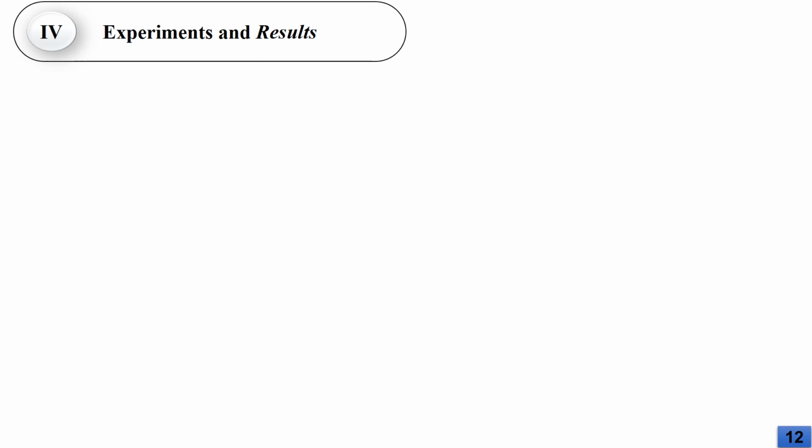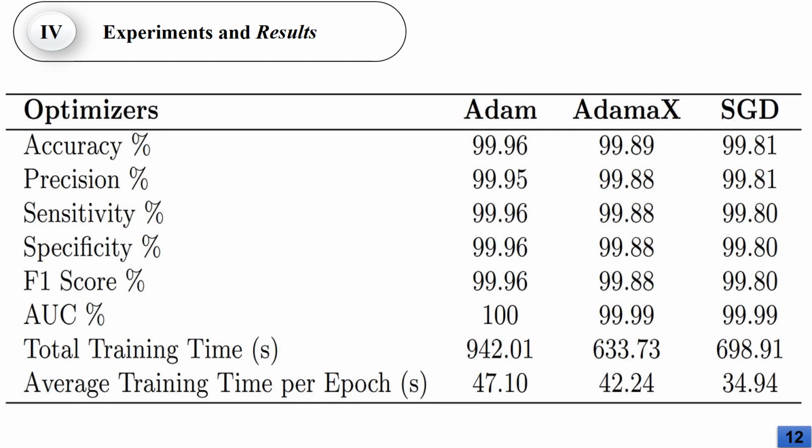Experiments and results. In this table we present all results obtained with 3 different optimizers, AdamX, Adam and SGD, with different evaluation metrics calculated: accuracy, precision, sensitivity, specificity, and F-score, and also training time and average training time per epoch.